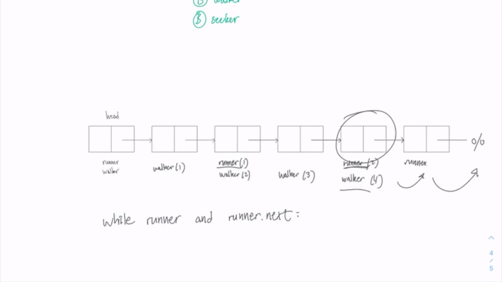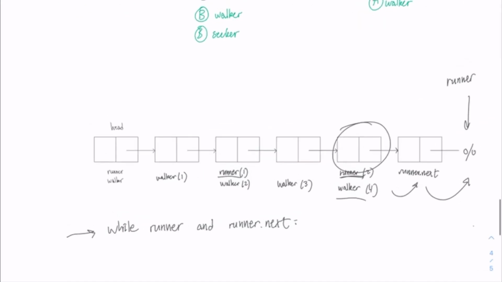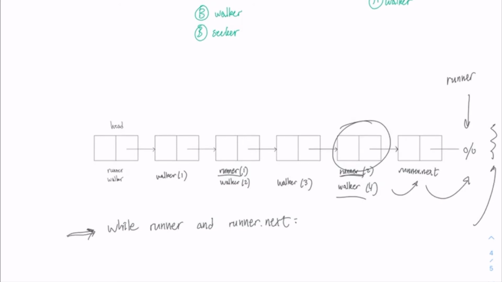So runner.next exists here, so we can iterate it. And then the next time we go to this while loop, we have to move runner to null, but runner.next is nothing. So therefore, this while loop no longer holds true.